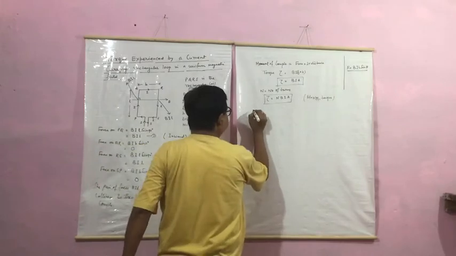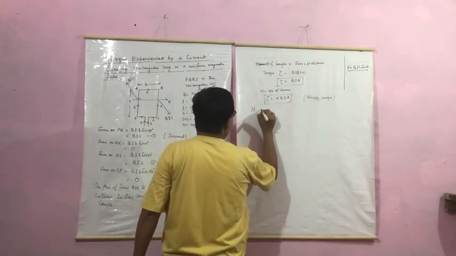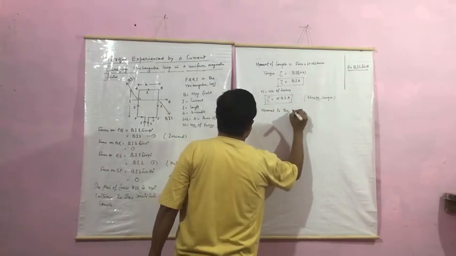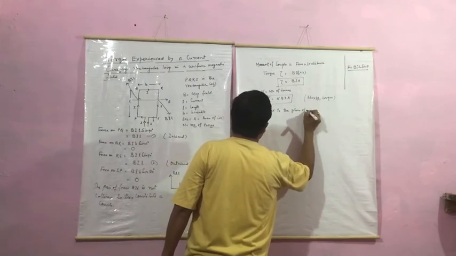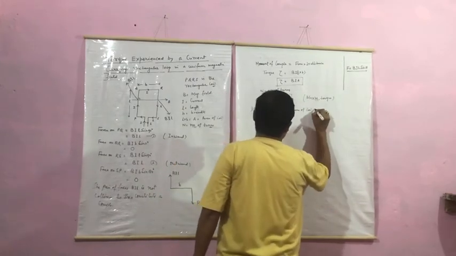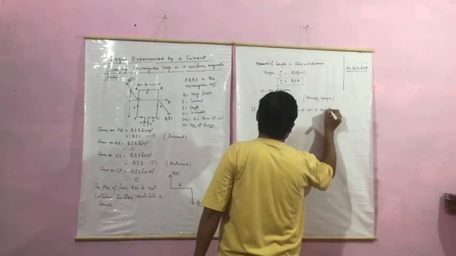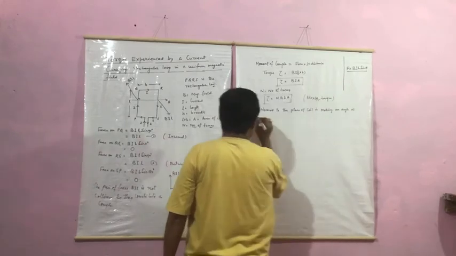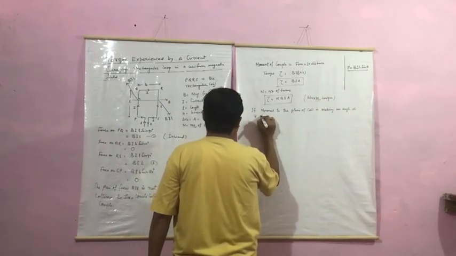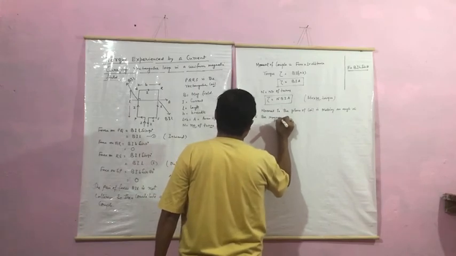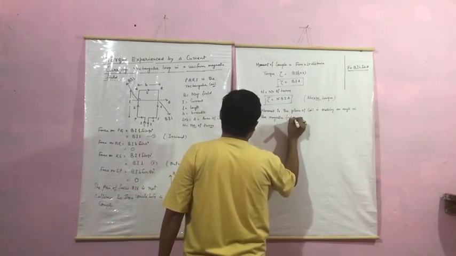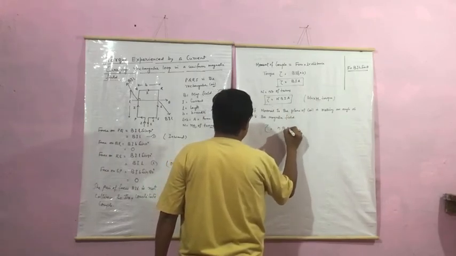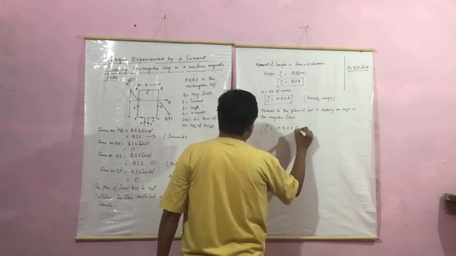So if normal to the plane of coil is making an angle alpha to the magnetic field, then you will get the general expression of the torque as NBIA sin alpha.